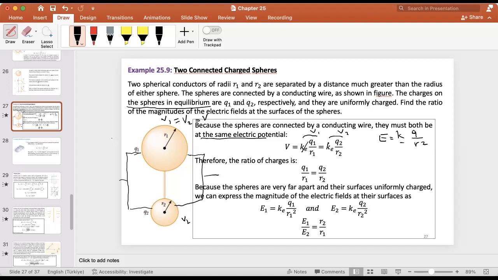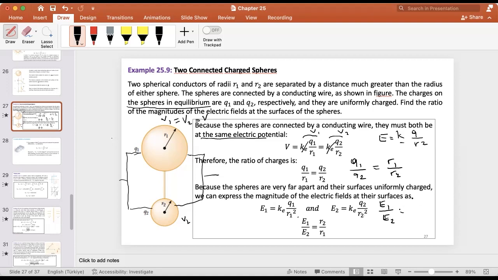When we make the ratio, we can cancel this part, and we can write Q1 over Q2 equals R1 over R2, isn't it? Yes, you can write it this way. And now we can make the ratio for E1 and E2. This is E1, and this one is E2. I want to make the ratio, so I will put all the information here.